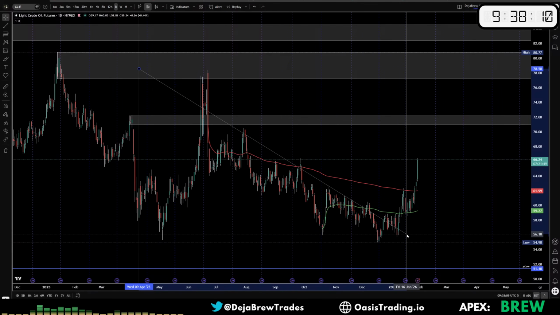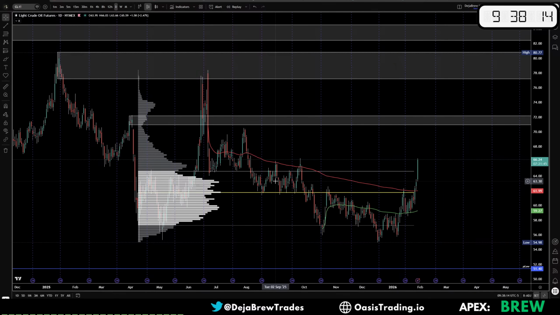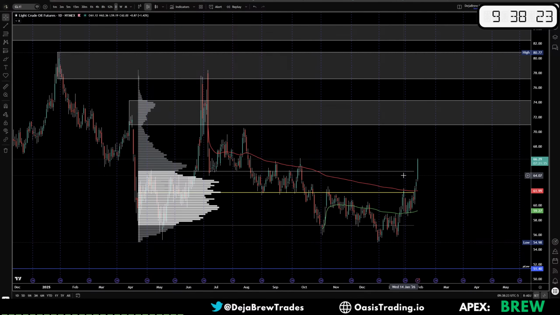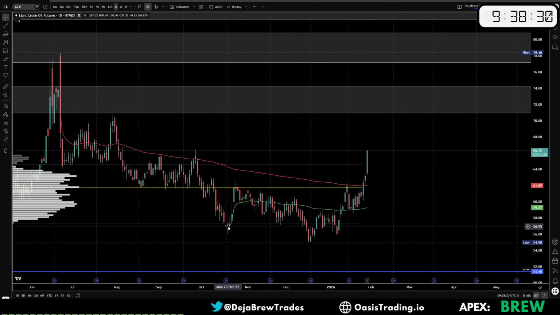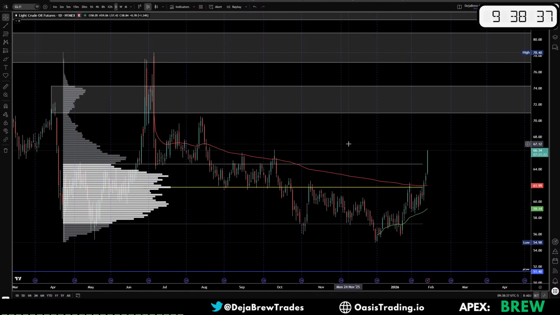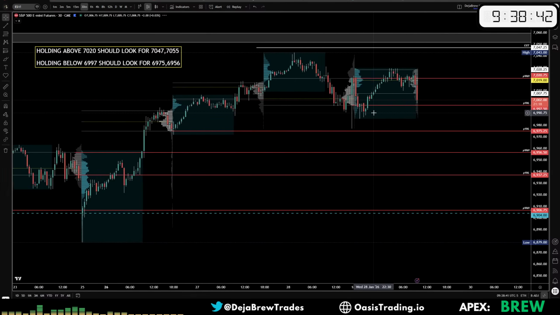This we could probably just extend. Looks like there's not a whole lot holding oil back until it gets back to like 72 to 74. The commodities are still doing really good.